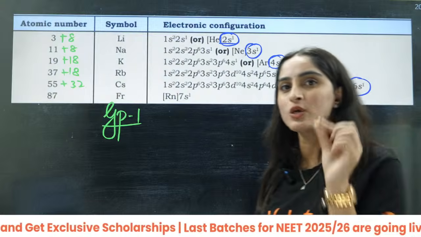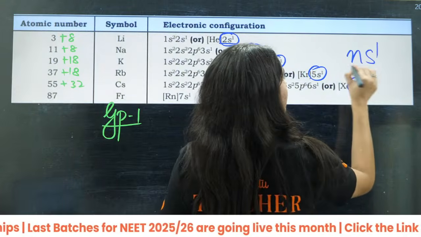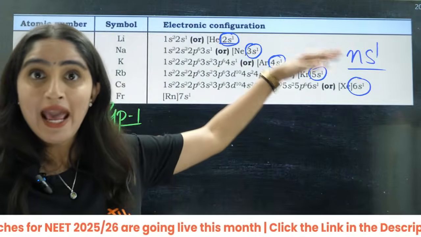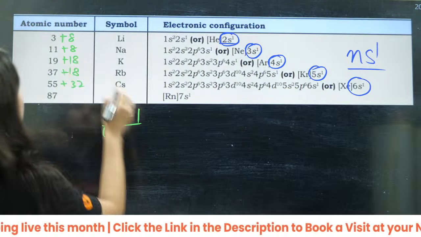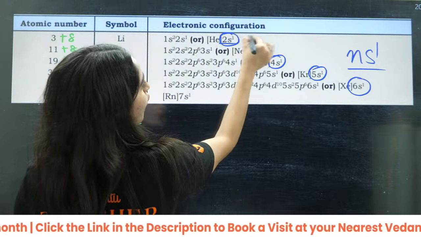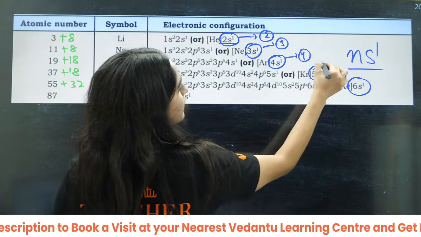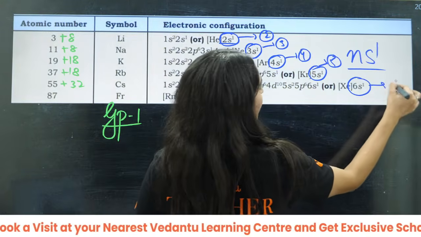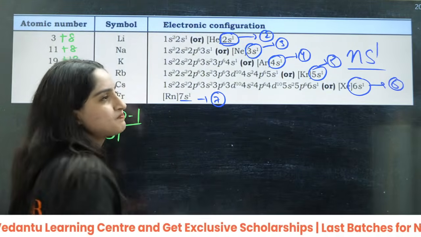The outermost configuration was ns1. The configuration is ns1, though n is different, because the principal quantum number is different. It belongs to the second period, the third period, the fourth period, the fifth period, the sixth period, the seventh period.